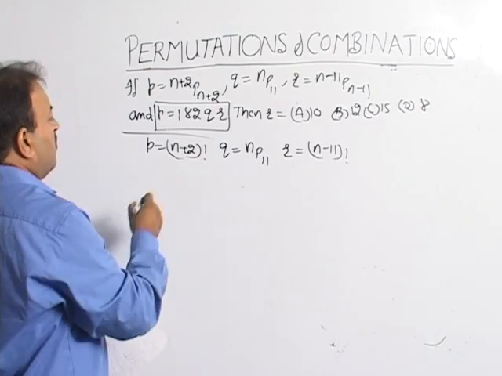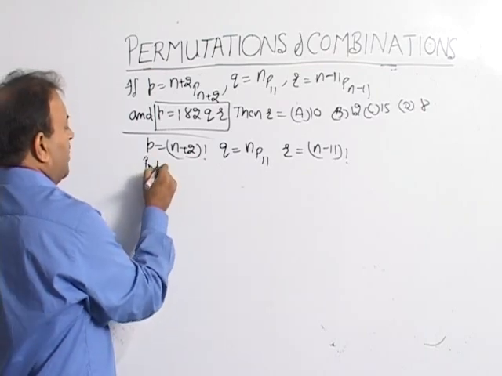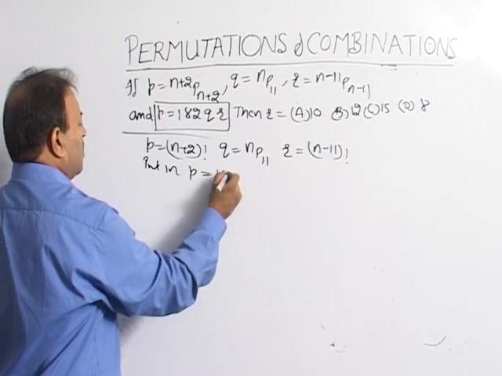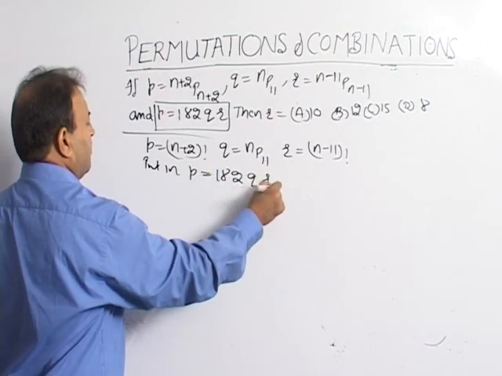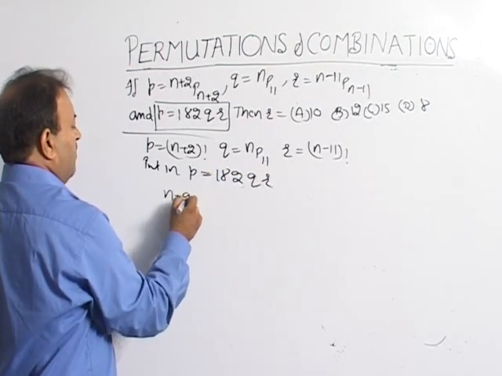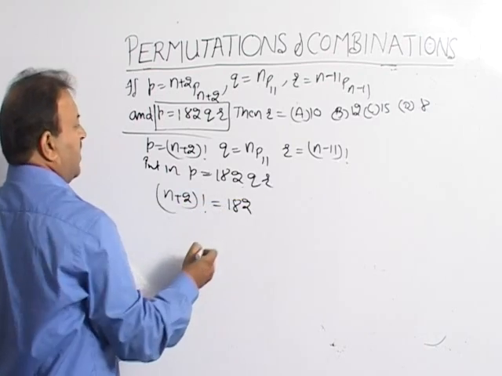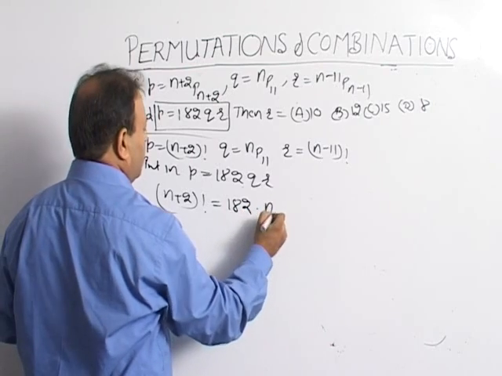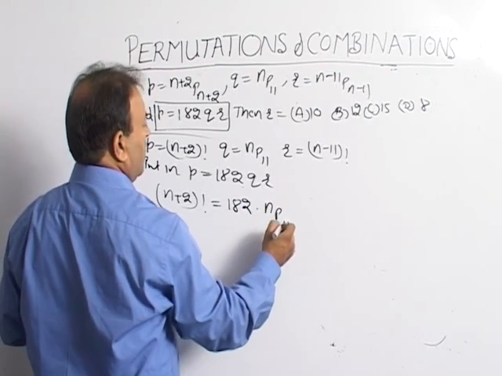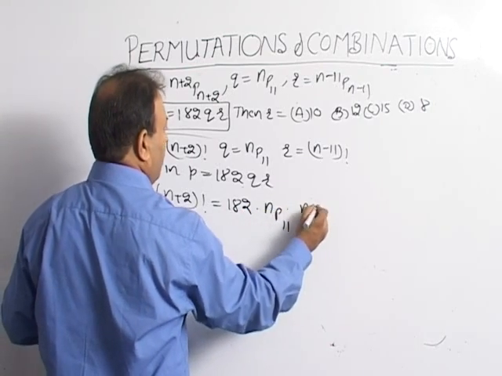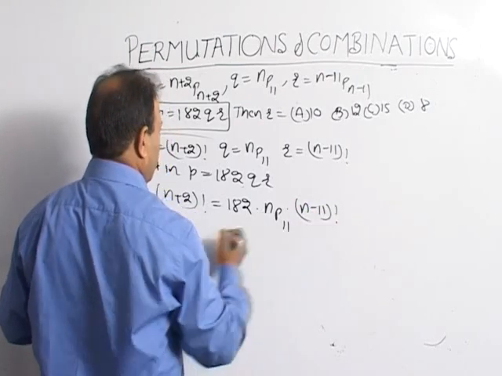Now we put it in P is equal to 182 QR. P is equal to n plus 2 factorial is equal to 182 into QR, that means nP11, into R, it is n minus 11 factorial.